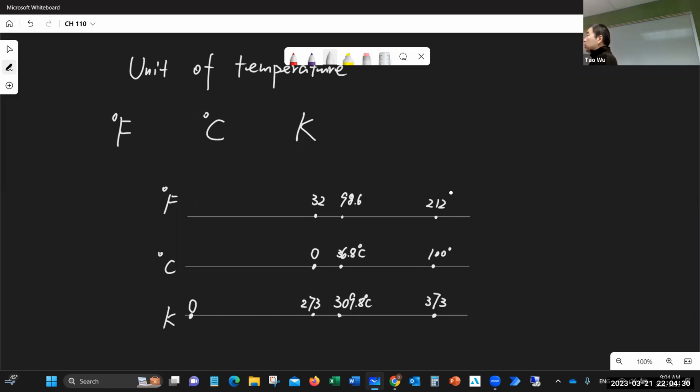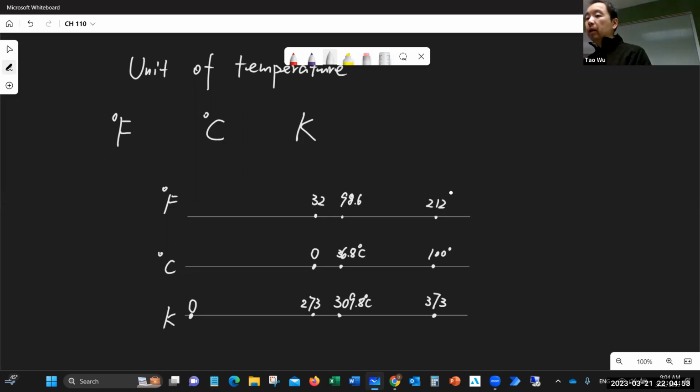We talk about molecules having kinetic energy, they're moving around, right? But at 0 Kelvin, nothing can move, including the molecules themselves. Everything is frozen. That is why we call it absolute zero.